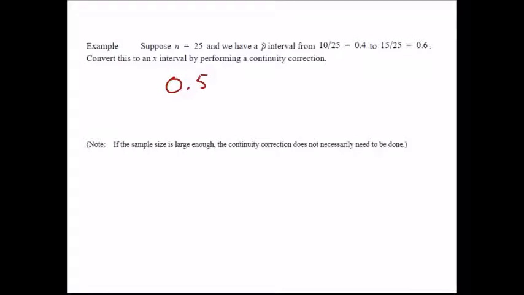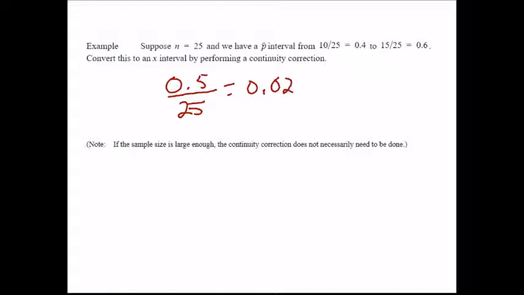Now, if you remember, with a regular x distribution we would add and subtract 0.5 to either endpoint. But for this one, we're going to take 0.5 and divide by the number of trials. So in this case, we divide by 25, and that turns out to be, I believe, 0.02.